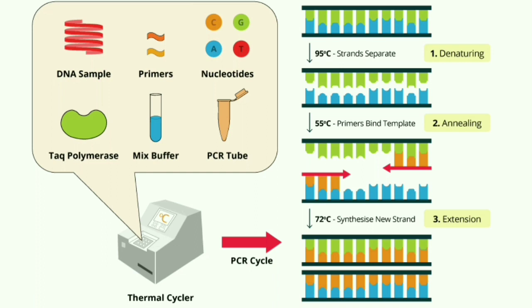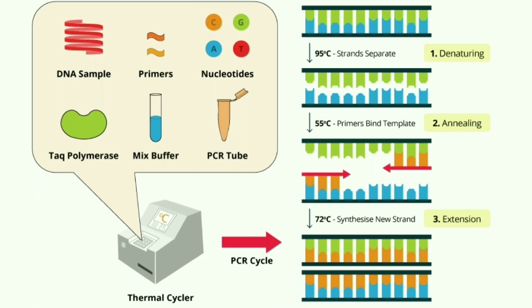In the PCR cycle, there are three stages, which are denaturing, annealing, and extending. At the first stage, that is at denaturing, a temperature of 95 degrees Celsius is maintained. At this temperature, the strands separate. At the second stage, that is at annealing, 55 degrees Celsius is maintained.